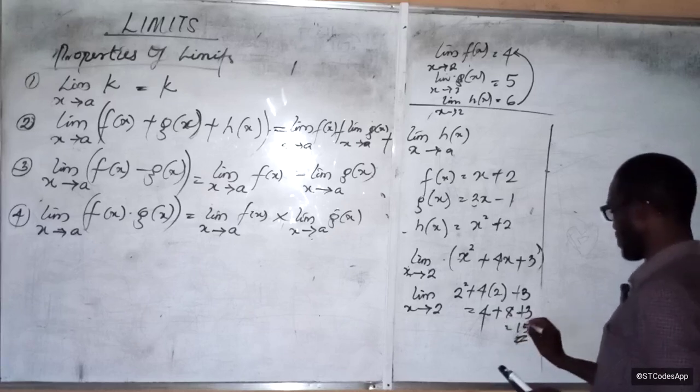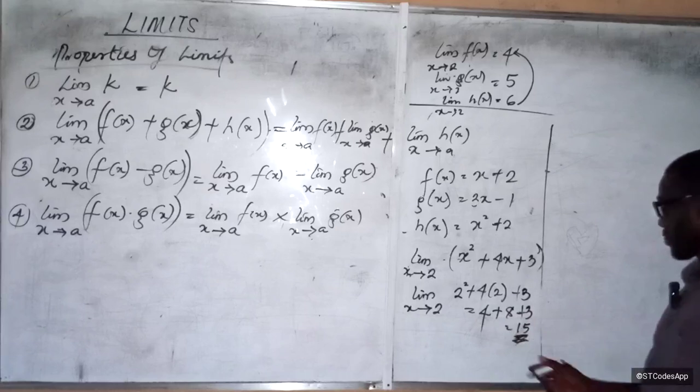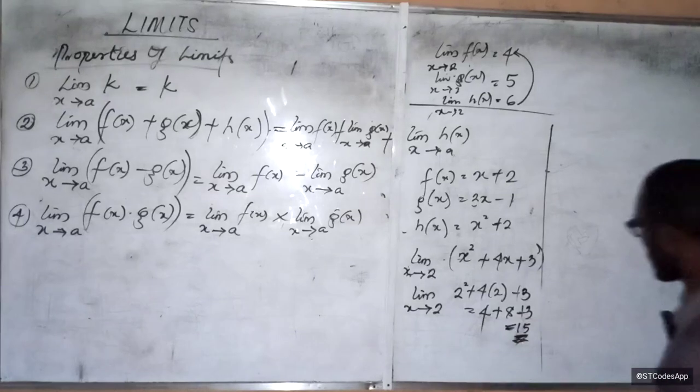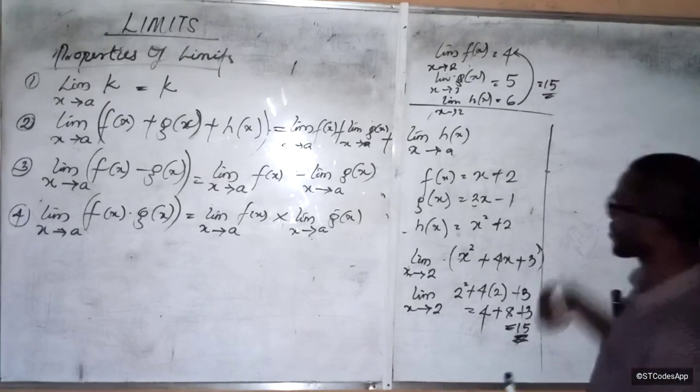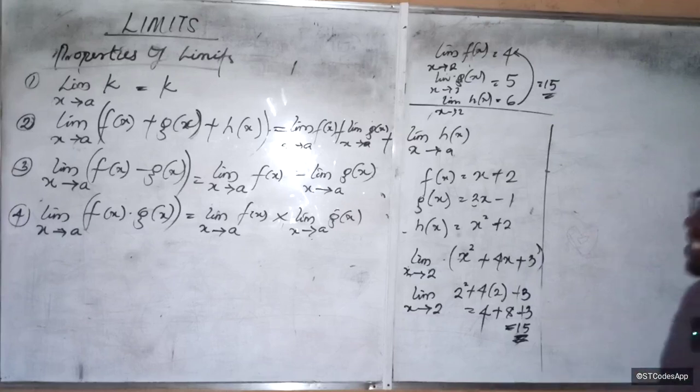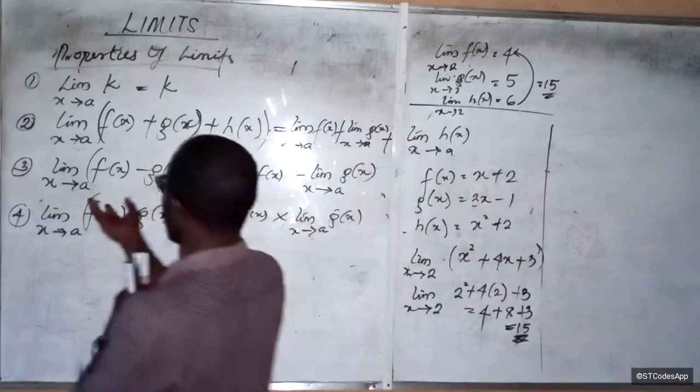I'm sorry, when you shoot on camera sometimes you have this kind of mistakes, so I think we are now correct. This plus this, 10 plus this, 15. You see that? So the rule stands. The rule stands.